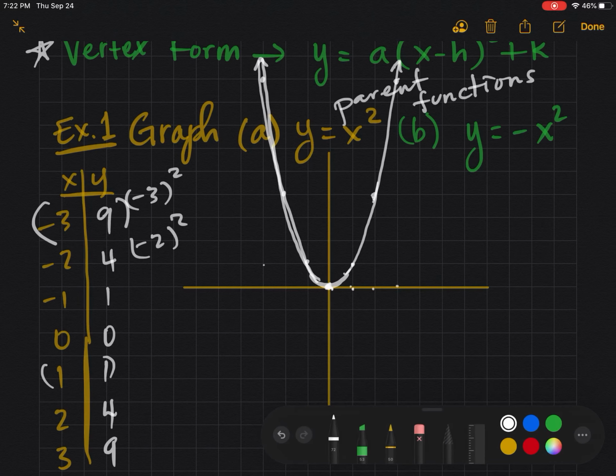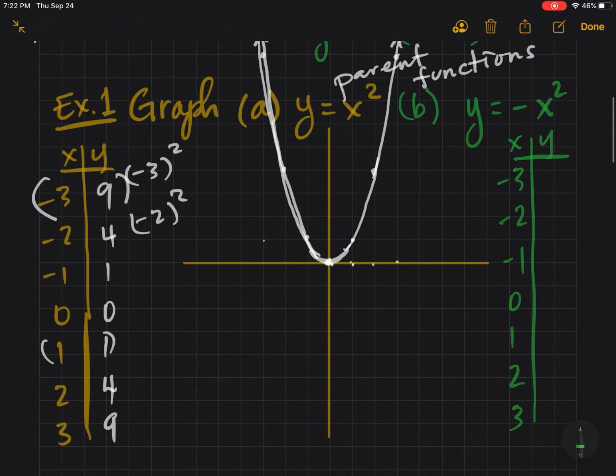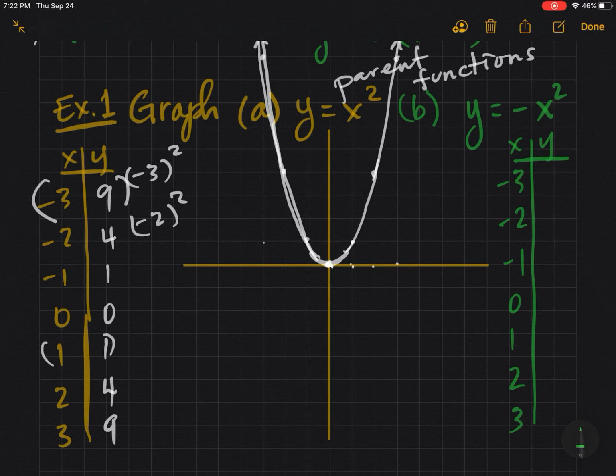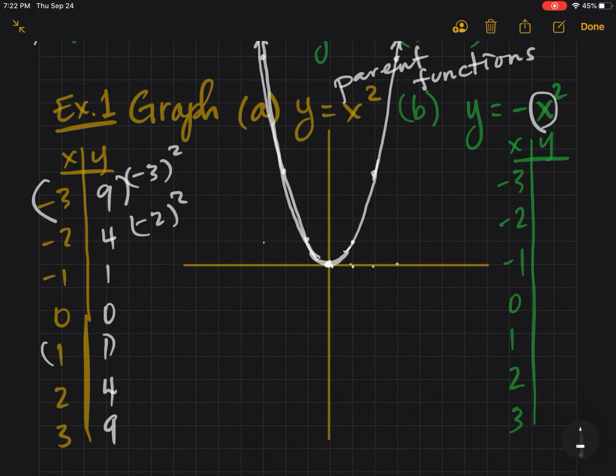Now, if we make the parabola negative, let's make a table of values for this one. If we plug in -3 in here for x, that's a -3 squared.